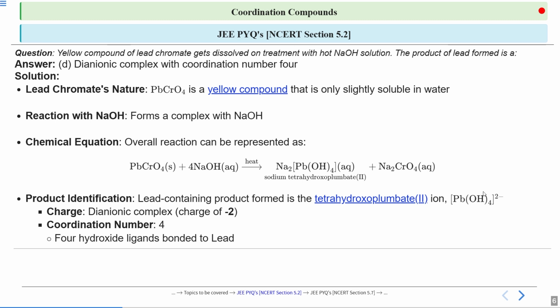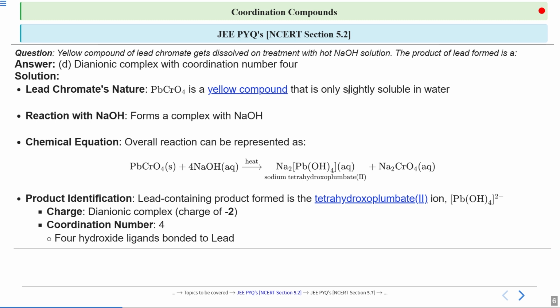The coordination number is 4, because 4 hydroxyl groups are directly attached to the central metal ion, lead. So 4 hydroxide ligands are bonded to lead. The coordination number is 4 and the charge is -2. Hence, our correct answer regarding the product of lead is dianionic complex with coordination number 4.